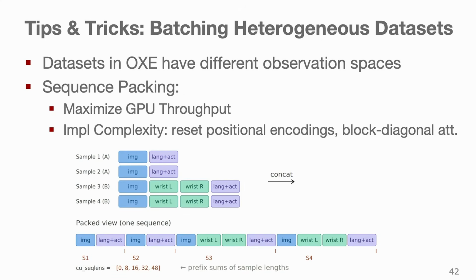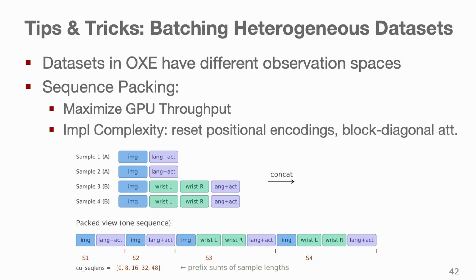Another way you could implement this in your data loading pipeline is to use sequence packing, which is a technique specifically tailored to handle variable length inputs with transformers. The key idea is that instead of padding and wasting compute on zeros, you concatenate everything into a single long vector so that you maximize your GPU throughput.